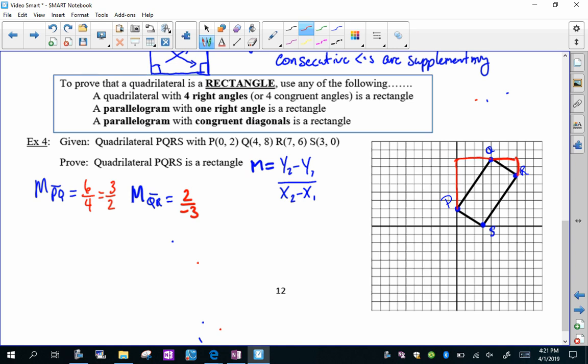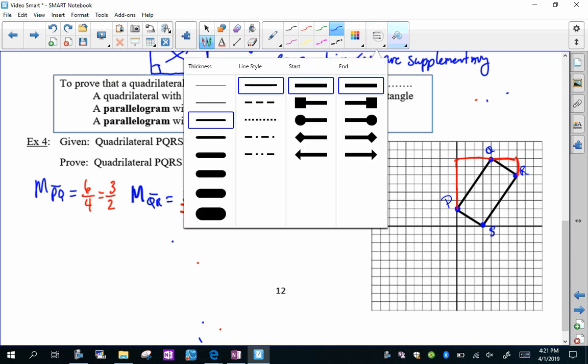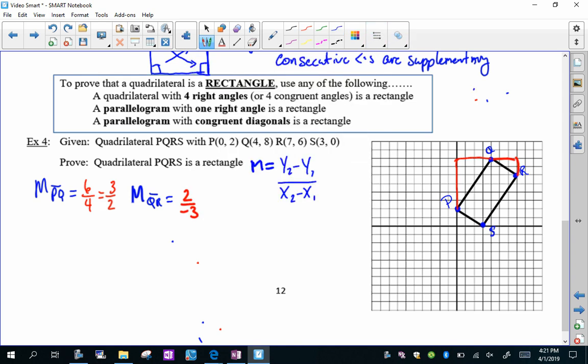All right, let's go. Slope of RS. Okay, so RS, I'm going to count. Back to red again. This is going to be down, negative 6, and then negative 4. So negative 6 over negative 4, that's going to reduce to 3 over 2.